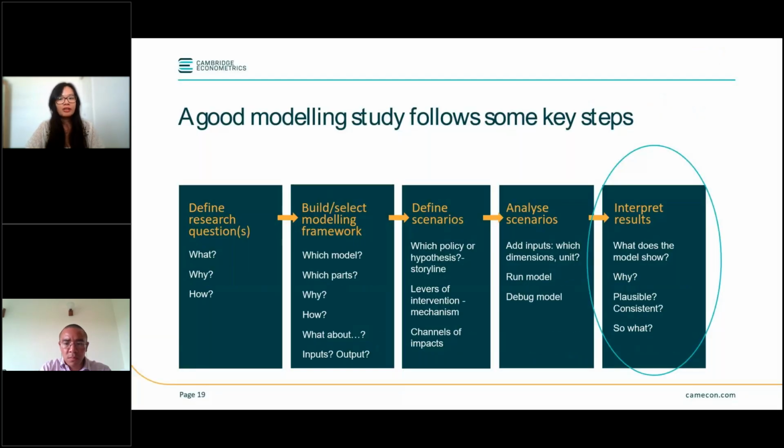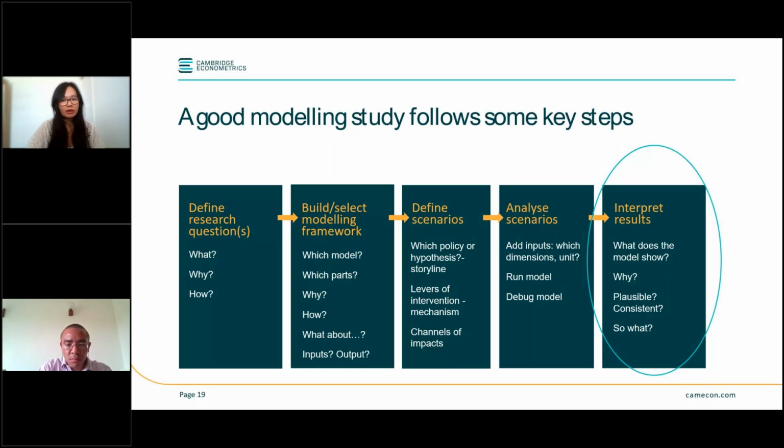Modeling often involves many steps, and within each step there are also sub-steps. It often starts with defining the research question. What are we interested in understanding, and what is the policy problem that we're grappling with? And then selecting the appropriate framework or tool to help us analyze those questions.